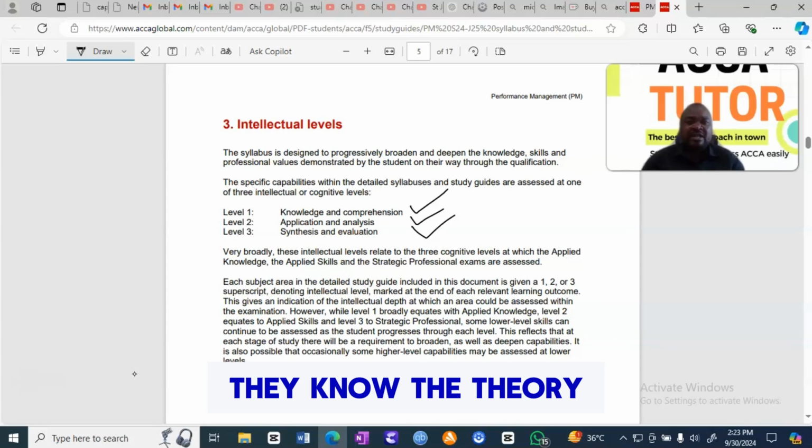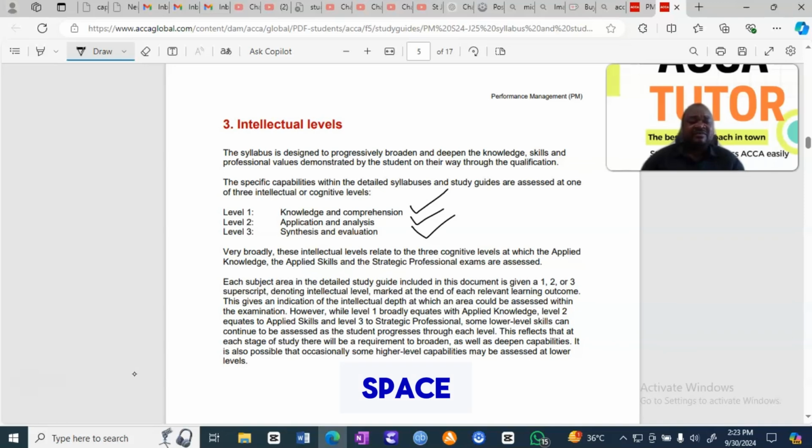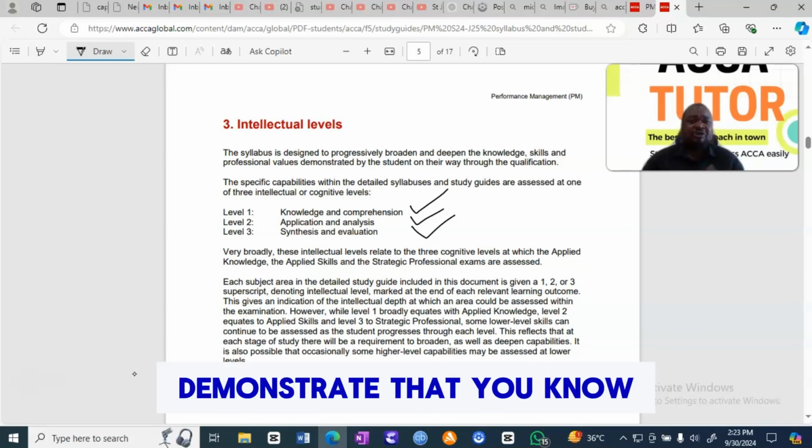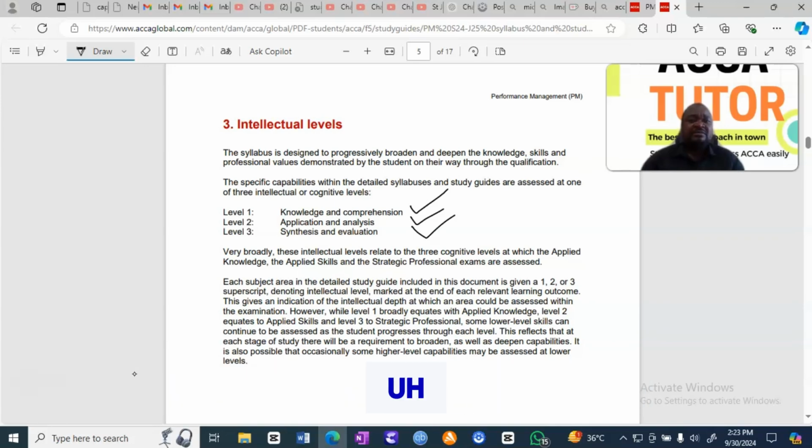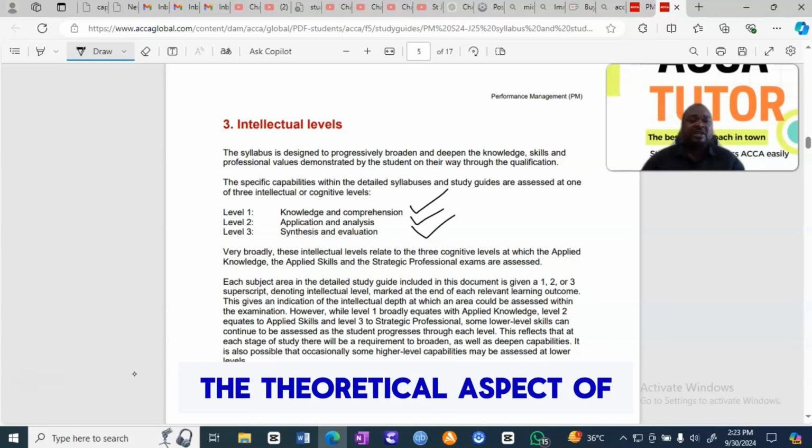They know the theory, all right? They know the specifics of the syllabus or the knowledge area being tested. They know it. They have all the theory at hand. So you need to demonstrate that you know your thing, you know the jargon, you know everything about the theoretical aspects of the issue.